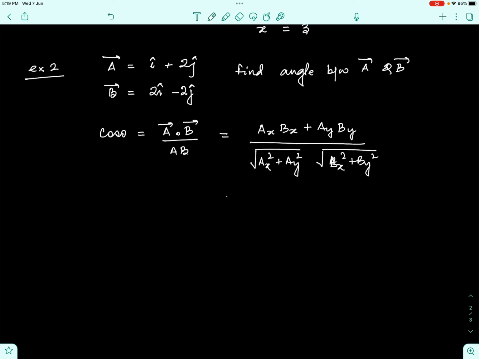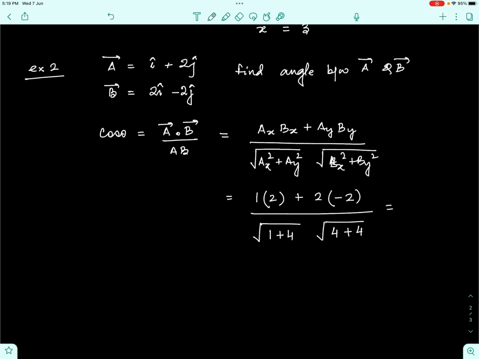AX is 1, BX is 2 plus AY is 2, BY is minus 2 divided by magnitude of A, which will be square root of 1 squared plus 2 squared, which is 5, into magnitude of B, which is square root of 2 squared, which is 4, plus square of minus 2, which is also 4.